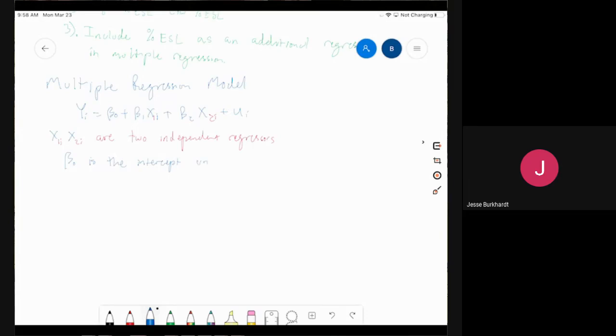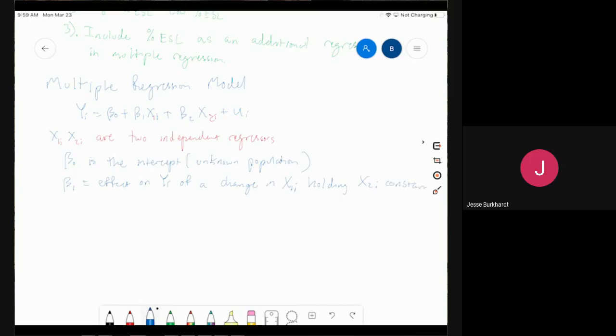The unknown population intercept. Beta 1 equals the effect on y_i of a change in x_1i, holding x_2i constant. Here's the key difference.